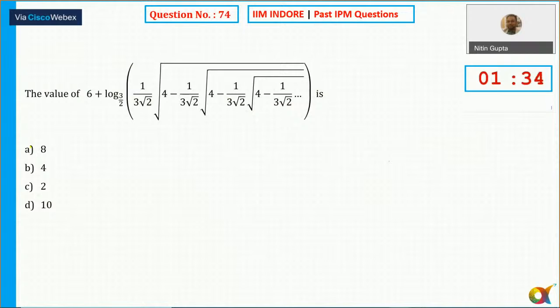It's 3/2, not 3√2. Okay, what you see is what is right. Alright.